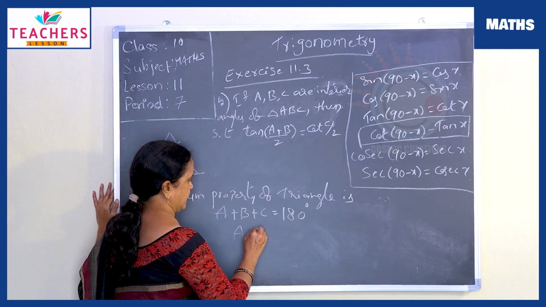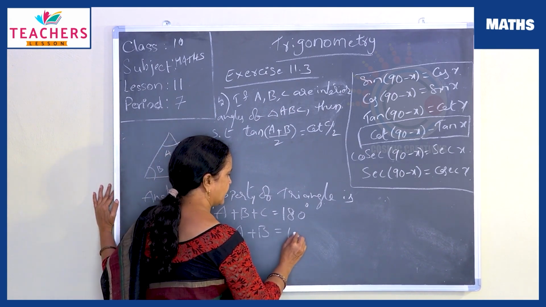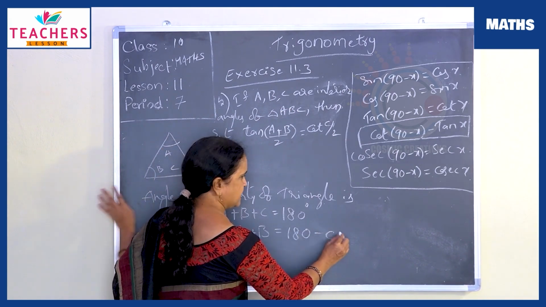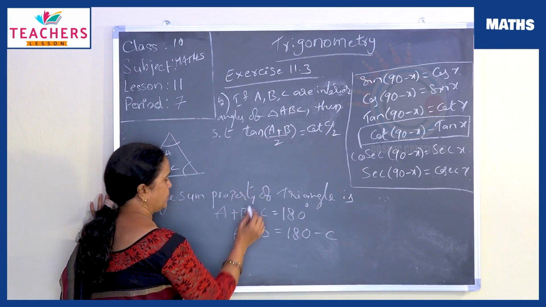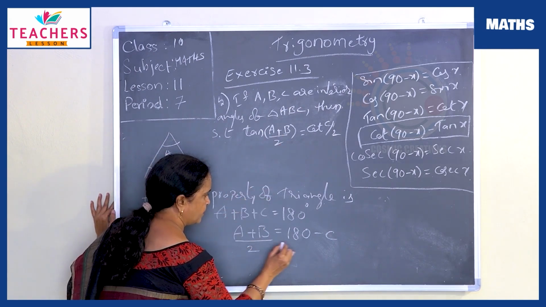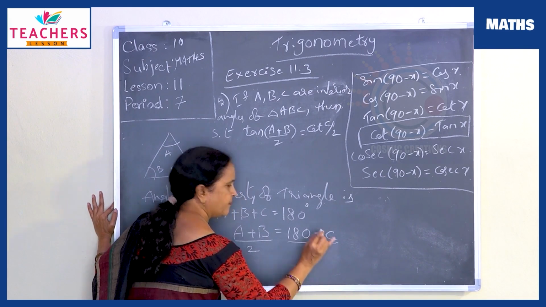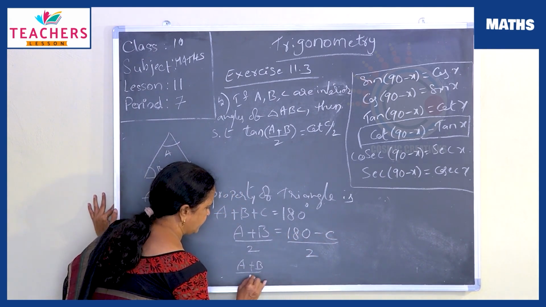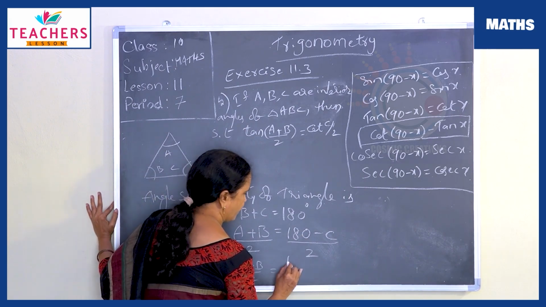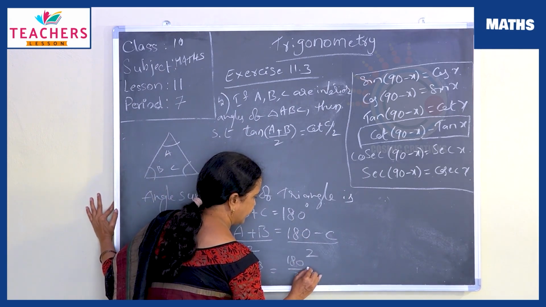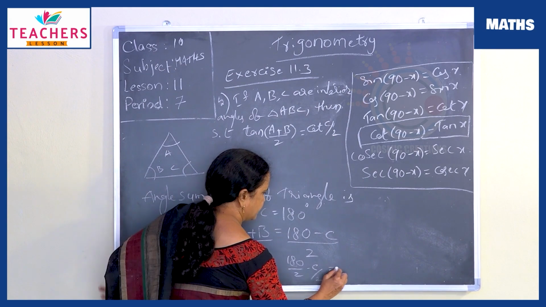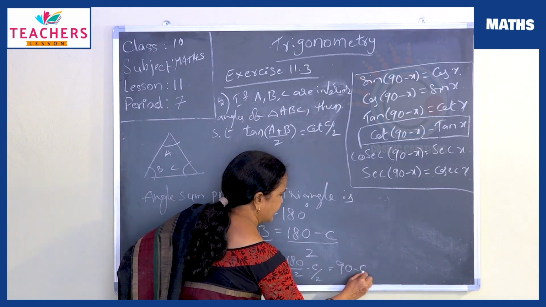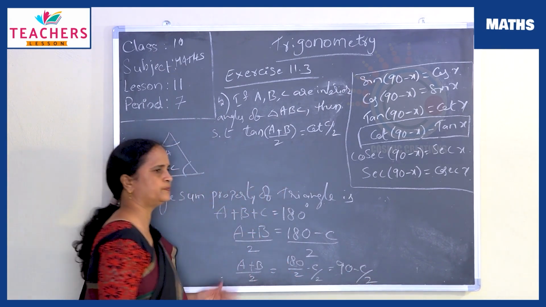Okay, how to make it? I will see. A plus B is equal to 180 minus C. Now, it was asked only by 2, so on both sides, divide by 2. Now, what happens? (A plus B) by 2 equals 180 by 2 minus C by 2, which is equal to 90 minus C by 2.